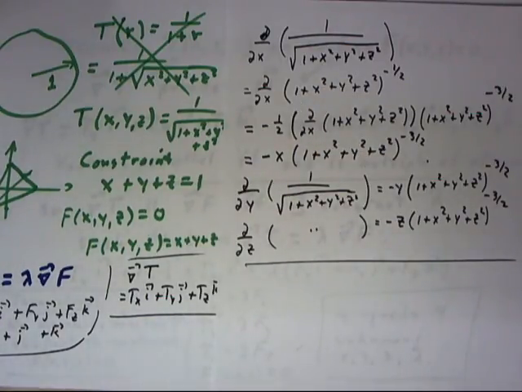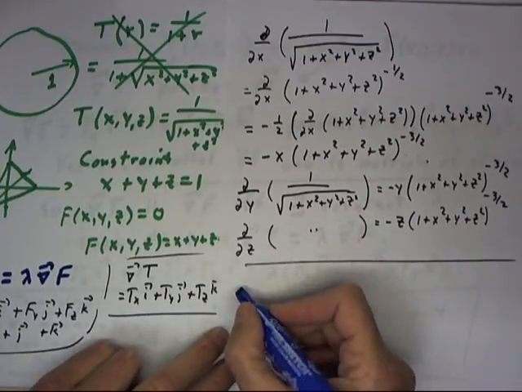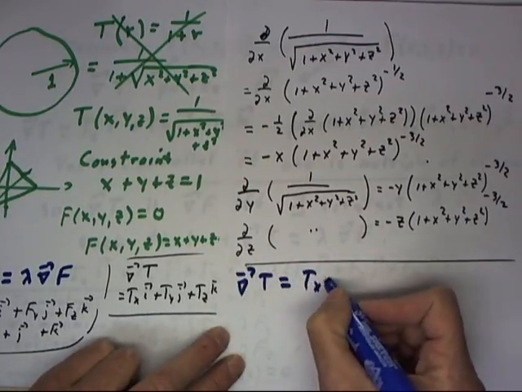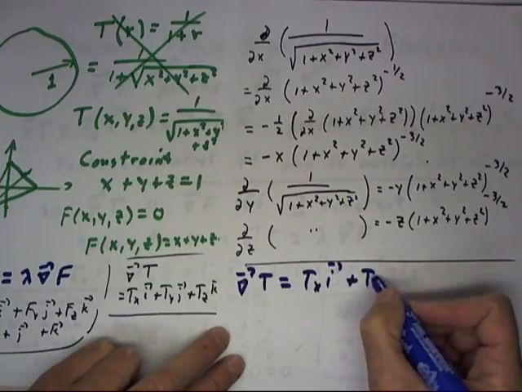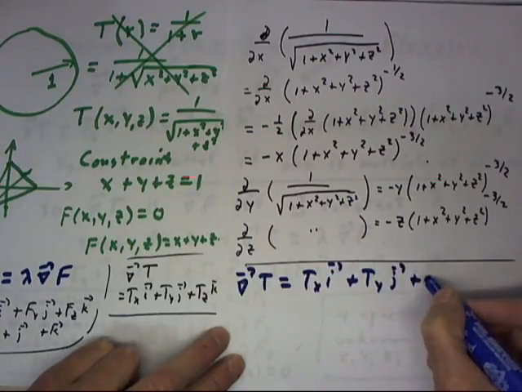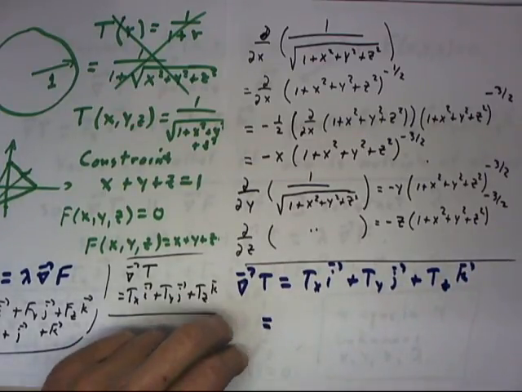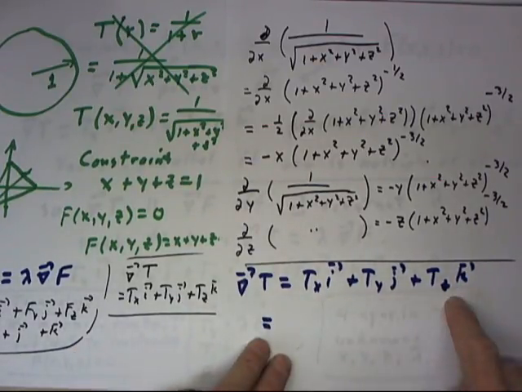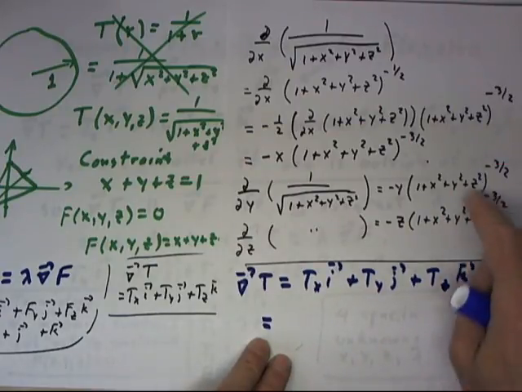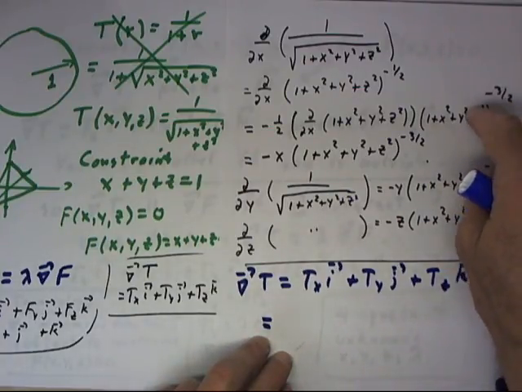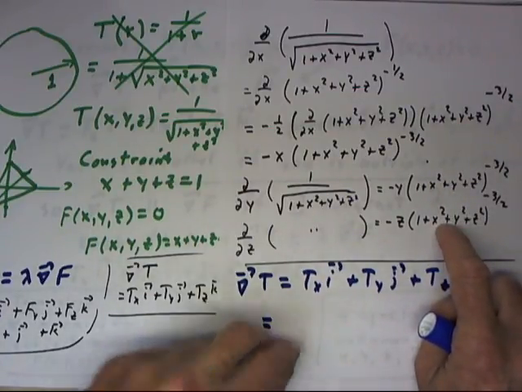Using these three expressions, we see that del t, which is tx i plus ty j plus tz k, can be written, well, we're going to add these three expressions, and each expression has this negative 3/2 power as a factor. So I'm simply going to factor those three out, and what do we have left?